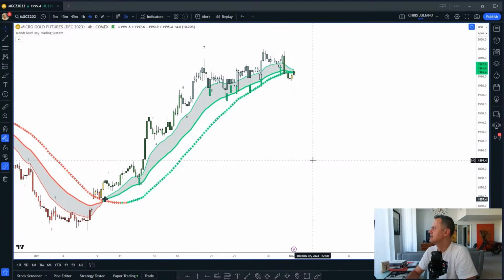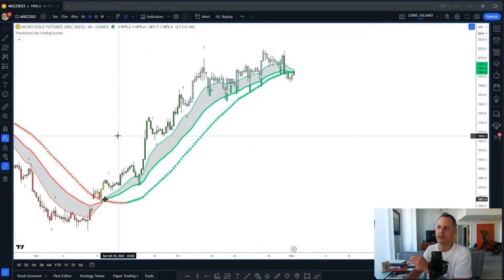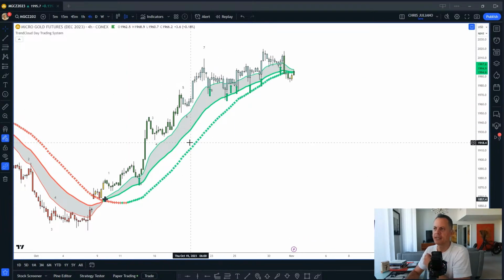I put everything step by step in there for you. There are 5 waves in an average trend, and the TrendCloud indicator that I built has an Elliott wave component in it. So it will count these waves.